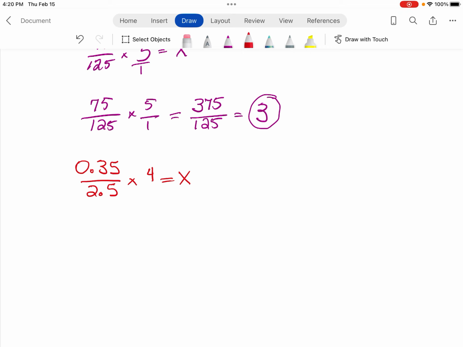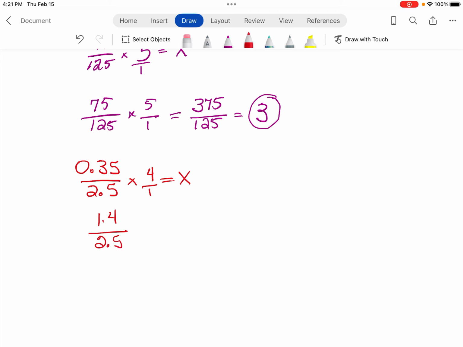So this time it just has decimals. We're okay with decimals because we can multiply and divide by decimals using a calculator. So I'm going to put 4 over 1, and then again, I'm going to multiply straight across. 0.35 times 4 gives me 1.4. 2.5 times 1 gives me 2.5.